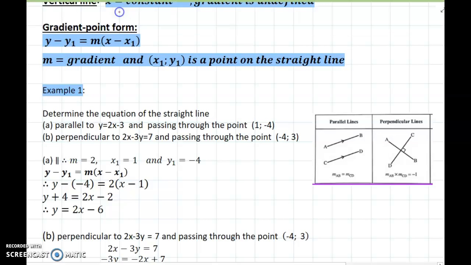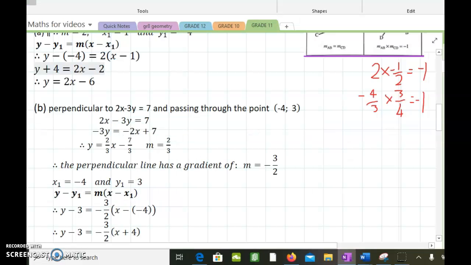So if the gradient of the one line is 2, then the gradient of the other line must be minus a half to obtain a value of minus 1 in order for the lines to be perpendicular to each other.